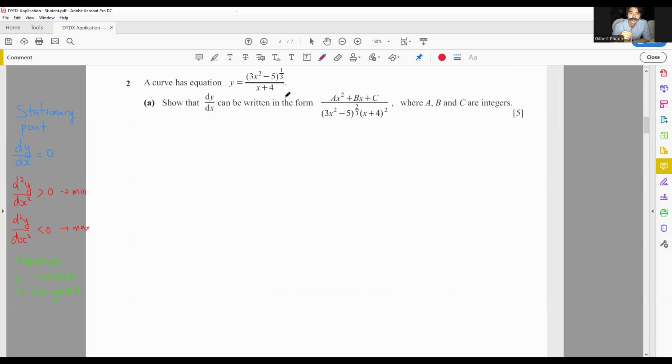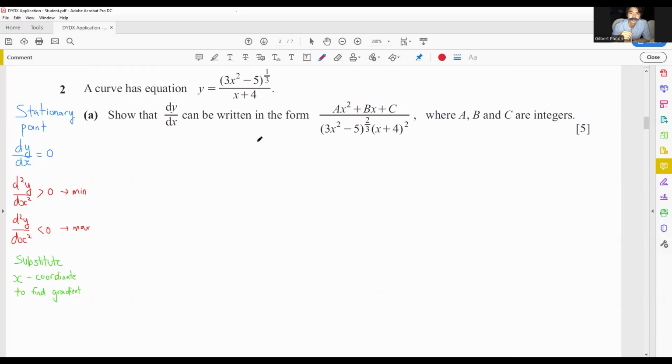So differentiating this question over here, this will be a quotient rule. First off, you have to differentiate top, 1 over 3, (3x squared minus 5), then minus 1, so it's negative 2 over 3. Then differentiate what's inside, you have 6x.